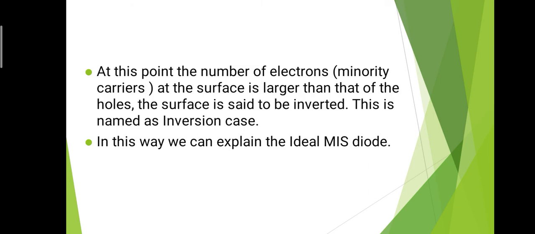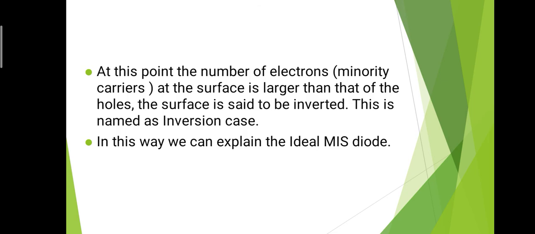In the p-type material the electrons are the minority charge carriers, right? But in the n-type material the minority charge carriers are the holes. But in this case at that particular point the minority charge carrier concentration is larger than the majority carriers, so the surface is said to be inverted. So the name of this stage is the inversion case.